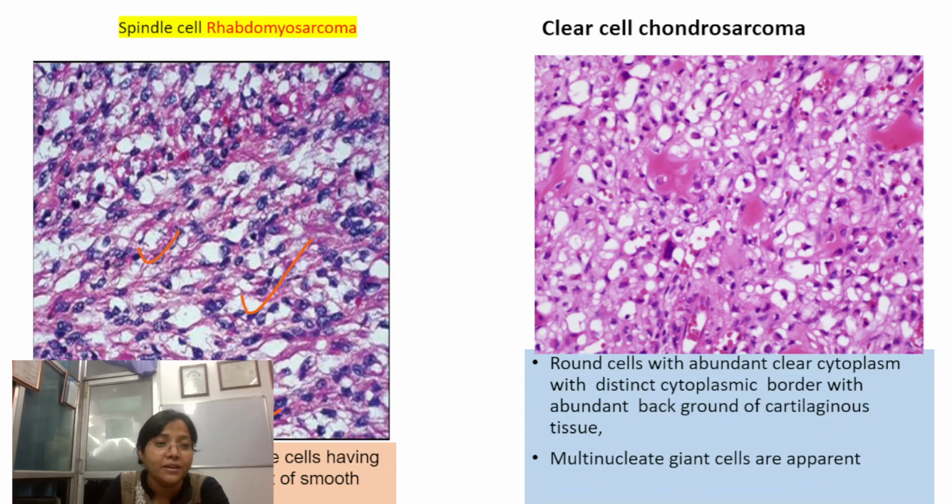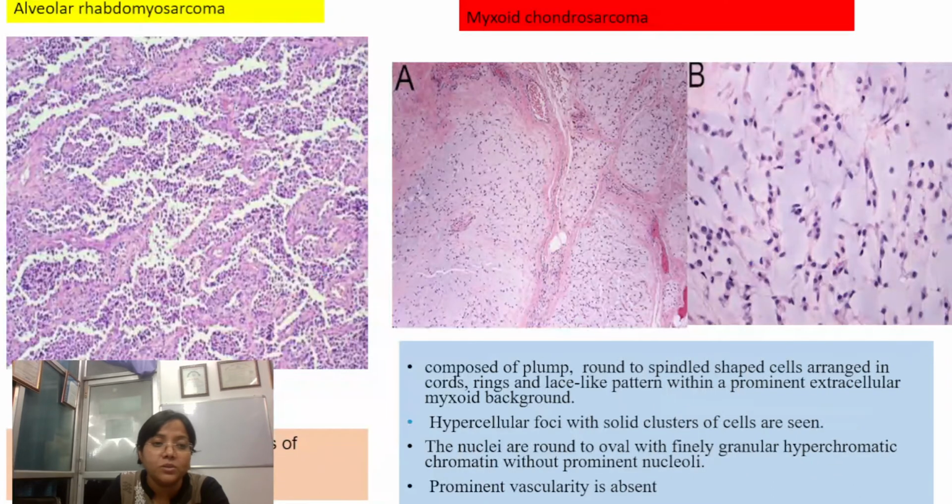Now after that we come to the other variety, alveolar rhabdomyosarcoma. In alveolar rhabdomyosarcoma there are fibrous septa with loose clusters of round cells. These are the fibrous septa, and there are loose clusters of round cells, and it resembles lung alveoli. So its name is alveolar rhabdomyosarcoma.